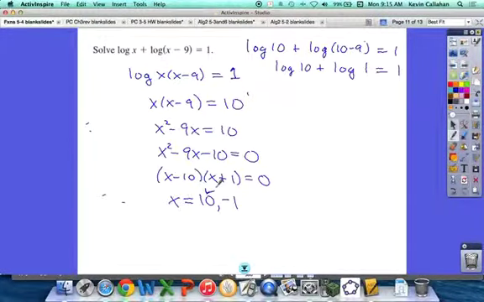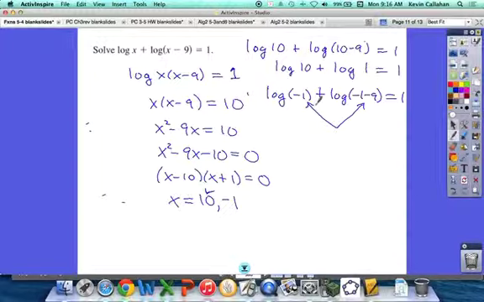If I put in negative 1 for x, then I'll get log of negative 1 plus the log of negative 1 minus 9 equals 1, right? In both of those, you're taking the log of a negative number. You can't do that, right? It's not in the domain, so you have to throw it out. That's extraneous. That's what extraneous looks like in a problem like this.